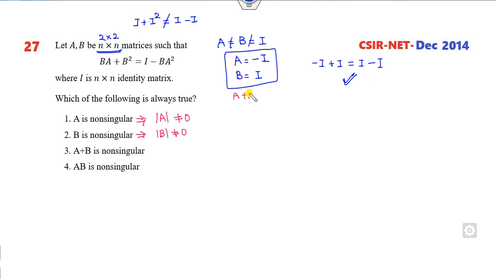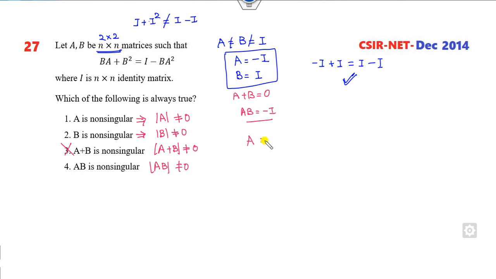You can see A plus B is 0, but he said determinant of A plus B is non-zero, but we get at least one value. Cancel. Fine. Now AB. If you multiply them, it will be minus of I. Again determinant is non-zero, again satisfied. So from this example we cancel out the third option.